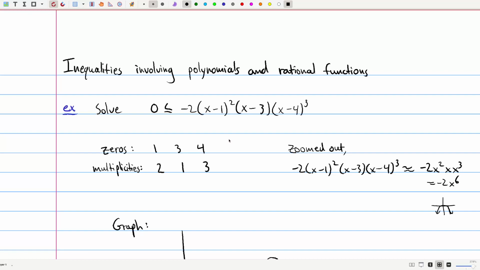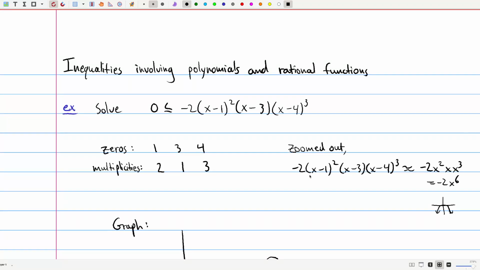And as we explored in the previous video, one of the important things for piecing together a graph is to look at the zoomed out form. That is, for very large x, what is this polynomial approximately equal to?